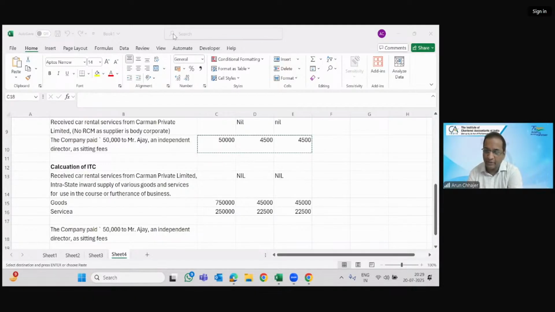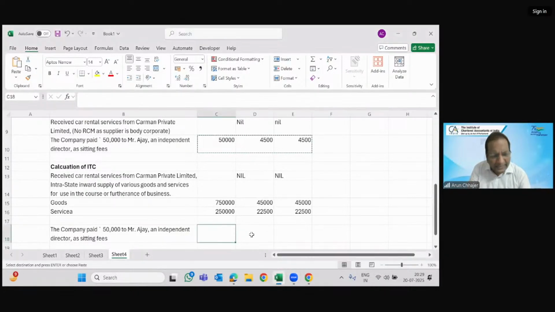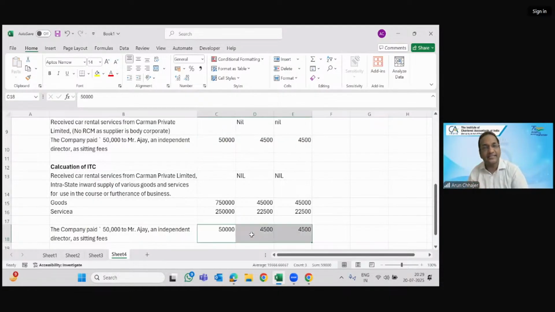It has been clarified multiple times by the CBIC, and in the GST there is no provision which says ITC is to be taken in the next month. He can take the ITC in the same month. Please note, in the same month he can take the ITC. On one side he will pay, on the other side he will take the ITC.